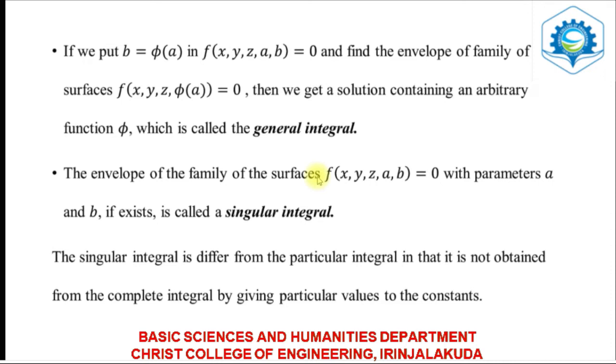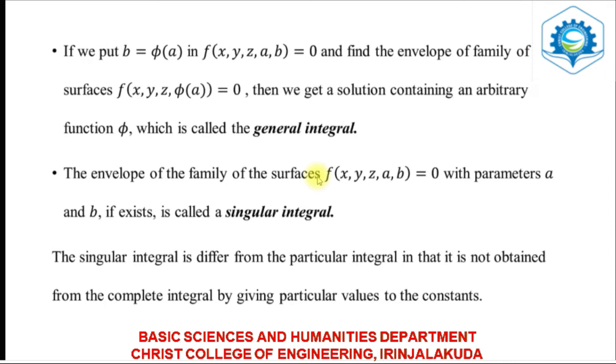That means if you consider a family of surfaces and the corresponding envelope exists, then such a solution is called a singular integral. The singular integral differs from the particular integral in that it is not obtained from the complete integral by giving particular values to the constants. So singular integral and particular integral are actually different.